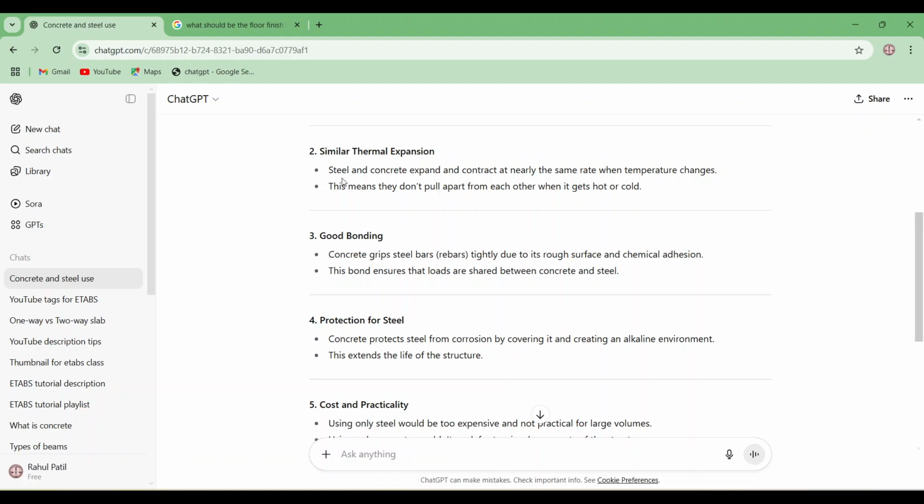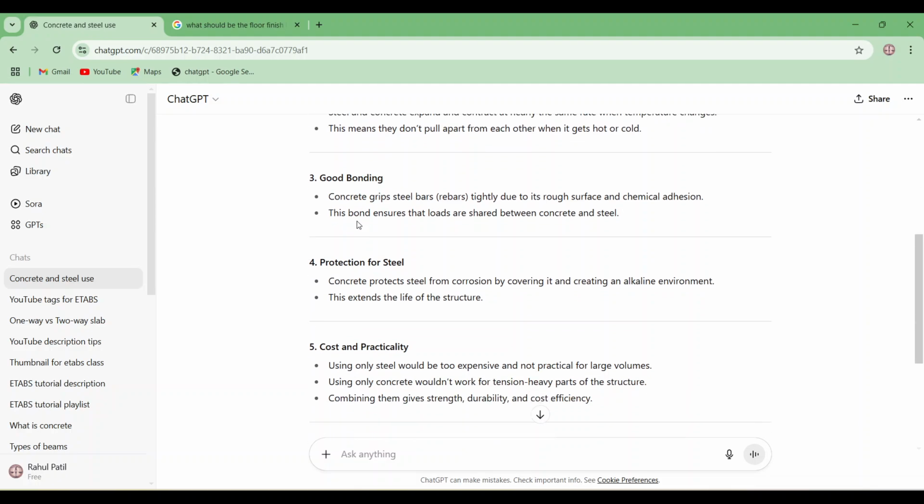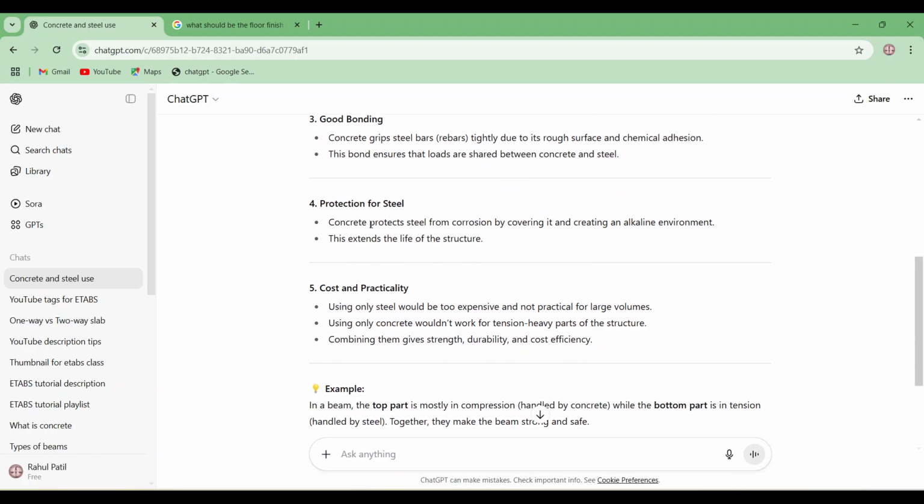Okay, and here are some other points as well. Similar thermal expansion: steel and concrete expand and contract at nearly the same rate when temperature changes. Good bonding, because we know steel rebars have a ribbed pattern on them, so they can make a very good bond with the concrete. This bond ensures that loads are shared between concrete and steel.